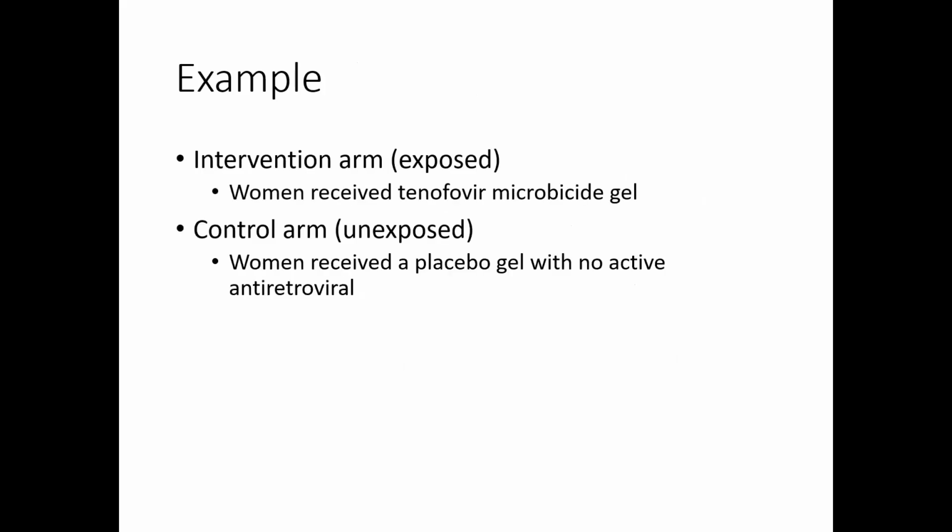So here we're looking at an example of using microbicide gel and HIV. You want to know whether using a microbicide gel before sexual intercourse decreases the risk of HIV transmission. This is a real trial in South Africa.